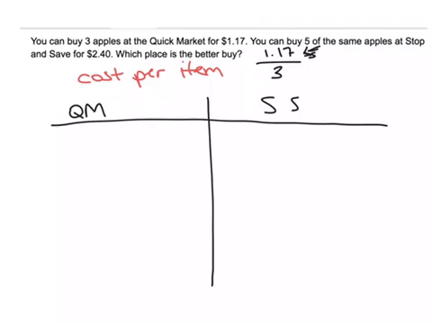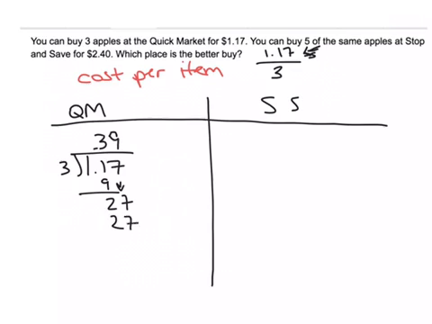So $1.17 for 3 apples means we need to divide. 3 goes into 11 3 times, giving us 9. 11 minus 9 is 2. Bring down my 7. 3 goes into 27 9 times. 9 times 3 is 27, meaning that we have nothing remaining. So that means the cost is 39 cents per apple, and that's at the Quick Market.